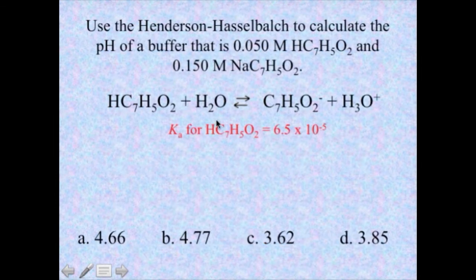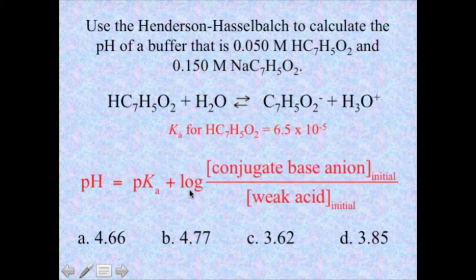So here is a question. Use the Henderson equation to calculate the pH of a buffer that is 0.05 molar in this weak acid and 0.15 molar in its conjugate base. So how would you do that? Go ahead and solve for it. If you prefer to use the mass action equation, use that. So here it is, and you would plug in 0.05 for the weak acid. That goes down here.